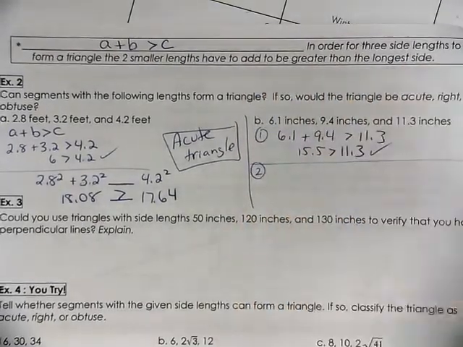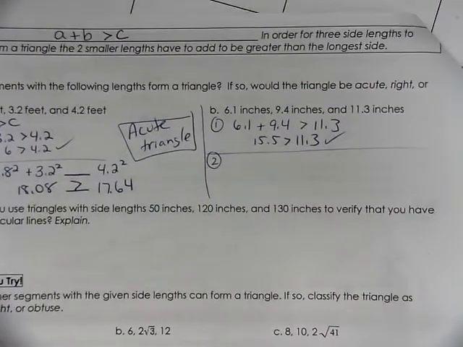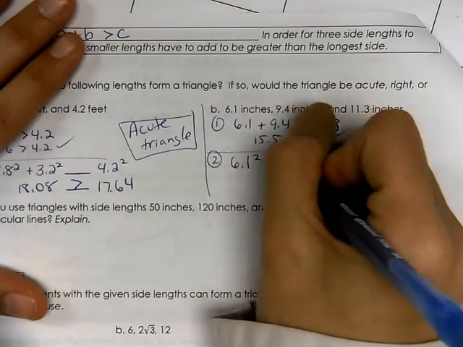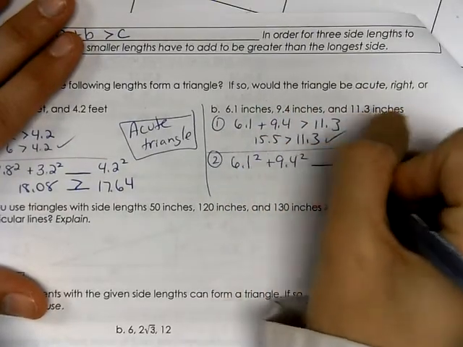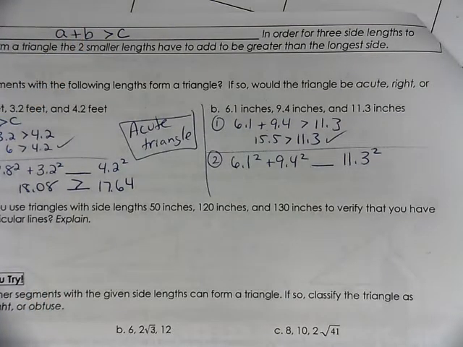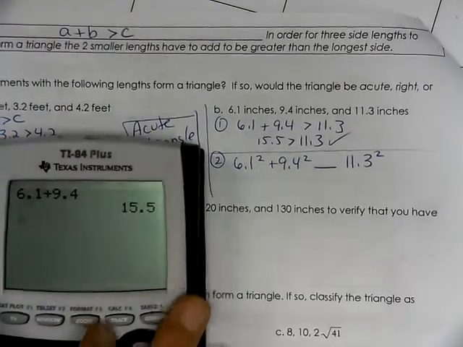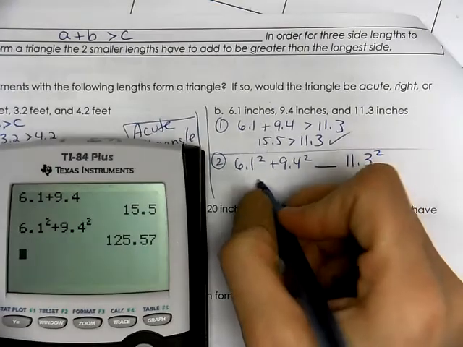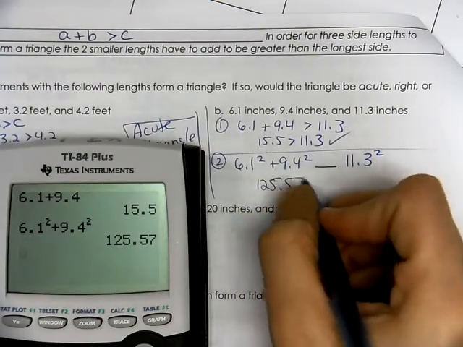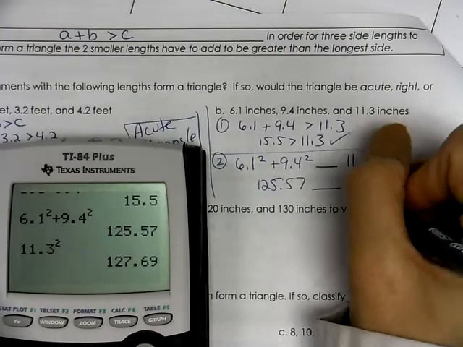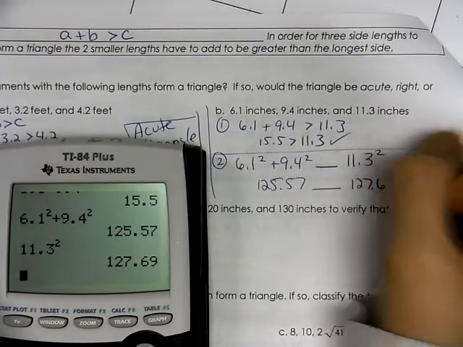Now, let's do Pythagorean Theorem to figure out what kind of triangle it is. So 6.1 squared plus 9.4 squared is what, compared with 11.3 squared? This is 125.57, and this is 127.69.